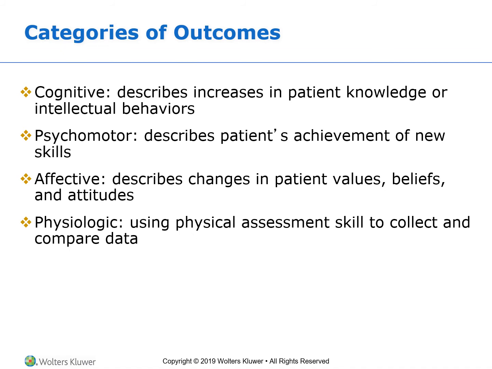Affective describes changes in the patient's values or beliefs and attitudes. So getting the patient to understand that things that they are doing are affecting their health, and maybe the diet they're eating needs to be changed, or understanding that if they don't follow certain regimens, it could cause them to get more infections.